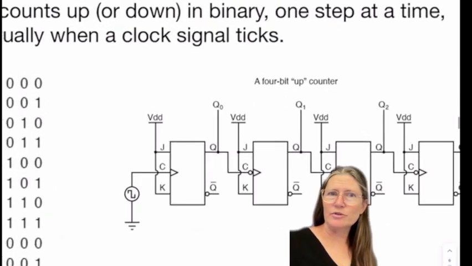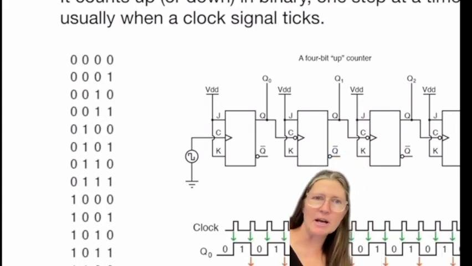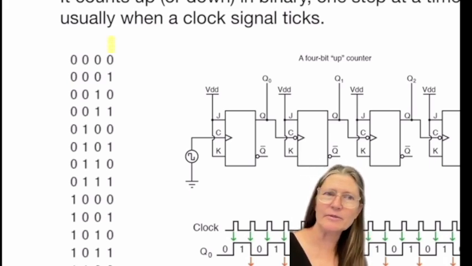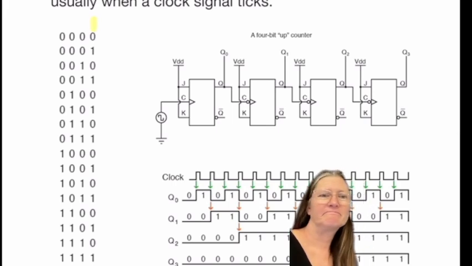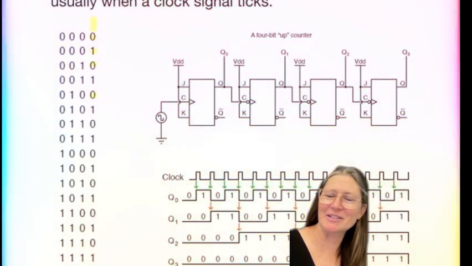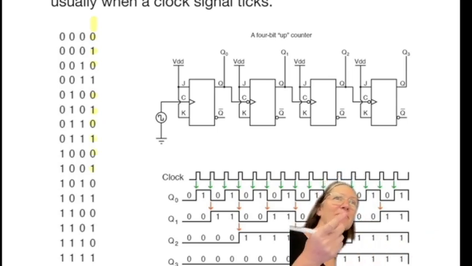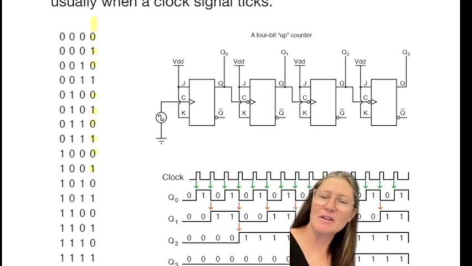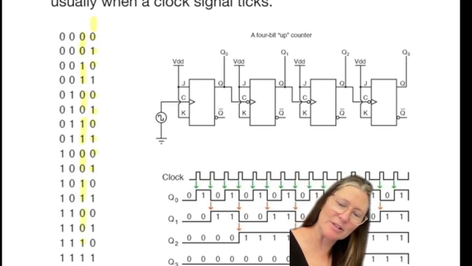So counters count in binary. And to count in binary, what do you see as the pattern in this first column? 0, 1, 0, 1, 0, 1, 0, 1, 0, 1. Okay, so it keeps going 0, 1, 0, 1. What about the second one? 0, 0, 1, 1, 0, 0, 1, 1, 0, 0, 1, 1, 0, 0, 1, 1.